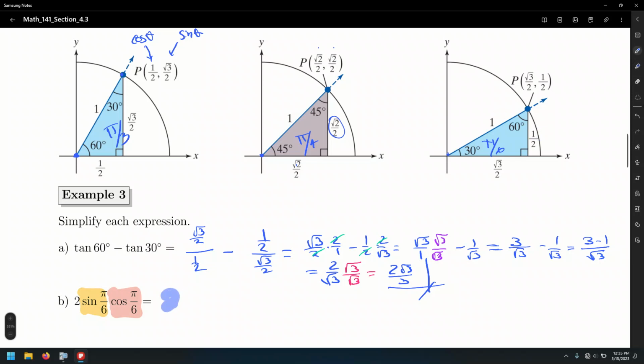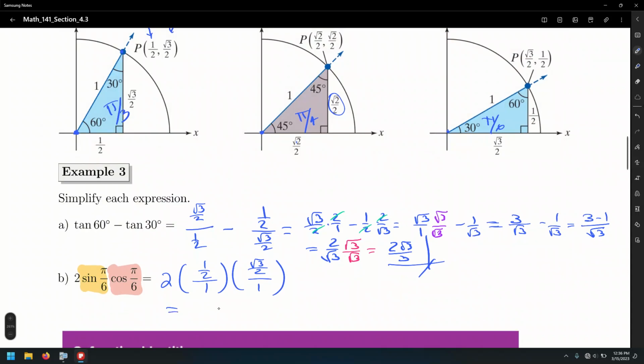First of all, 2 times 1/2 over 1 times the cosine quantity, which is the adjacent, which is root of 3 over 2, divided by the value for the hypotenuse, which is also 1. That's root of 3 over 2 over 1. Well, the division by 1 is kind of useless, there's nothing interesting to do about it.